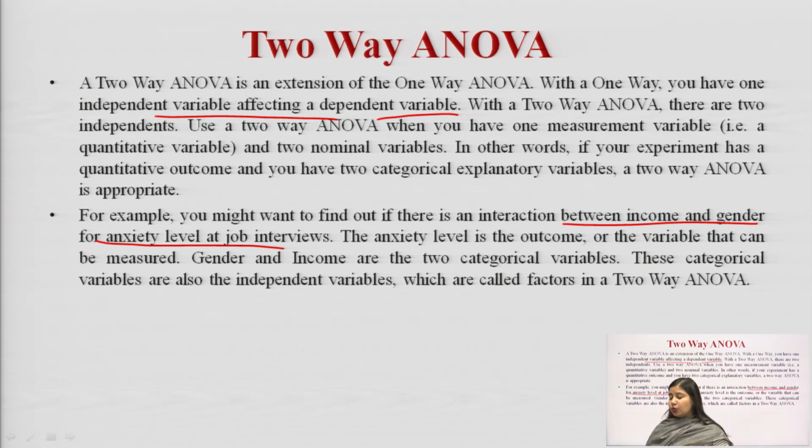Gender and income are the two categorical variables, and these categorical variables are also your independent variables, which are called the factors in a two-way ANOVA. It means there are two independent variables, gender and income, on which we are trying to establish the relation with our dependent variable, which is the anxiety level at a job interview.